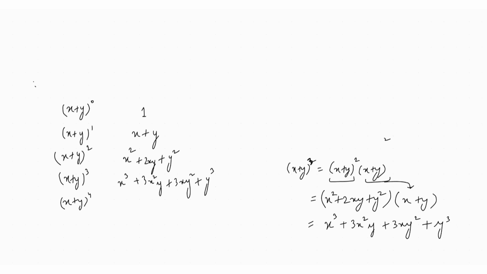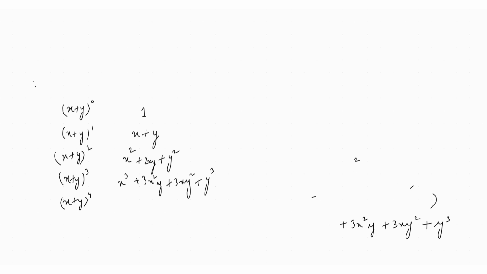Now, when I am talking about x plus y whole to the power 0, x plus y whole to the power 1, and so on, that exponent or the power is known as the index. When the index was 0, I got 1. When the index was 1, x plus y whole to the power 1, I got 2 terms, right?